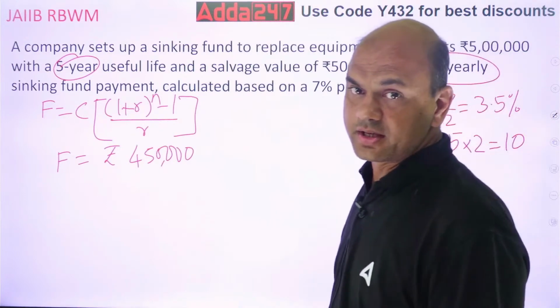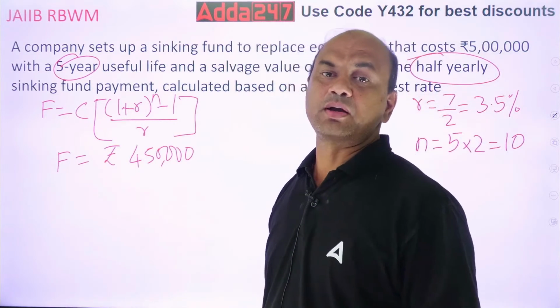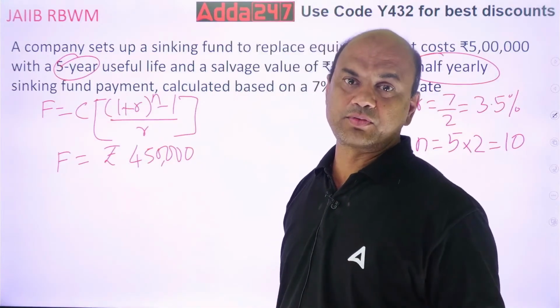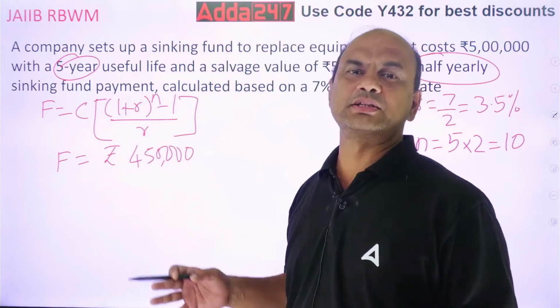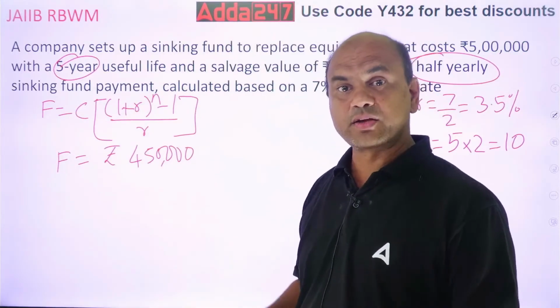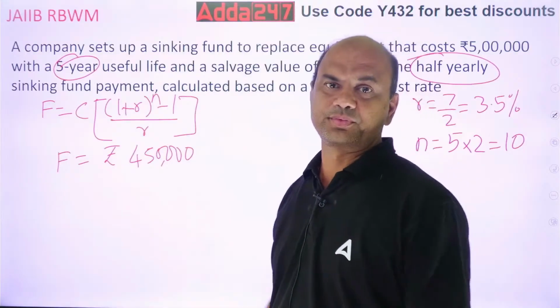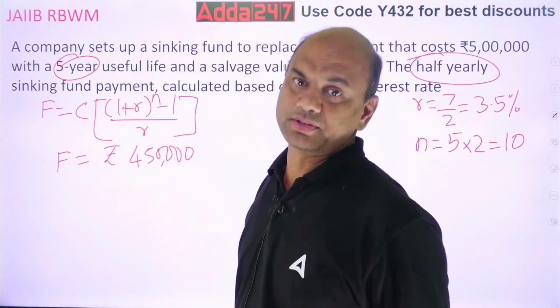So let's solve this again. You must have complete practice on sinking fund. Similarly depreciation is also solved, but depreciation has a separate formula, and sinking fund has a separate formula. Both are combined chapters.